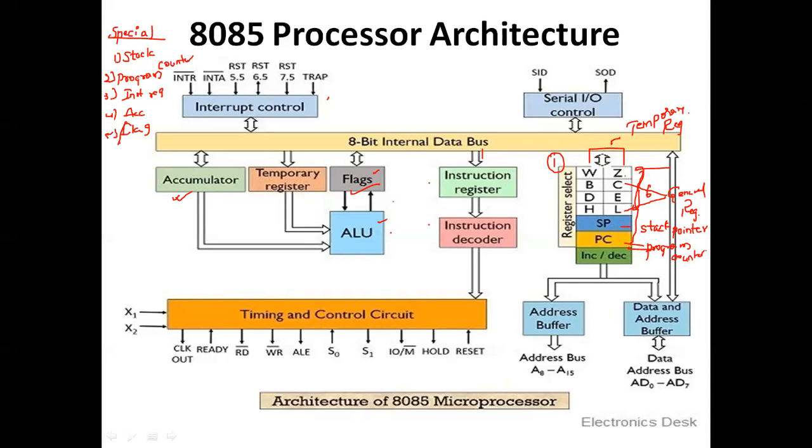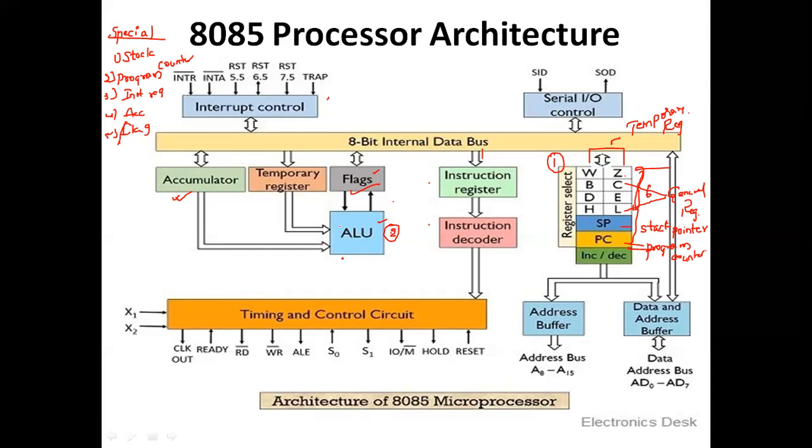And next comes the ALU section. This ALU, as the name itself indicates, is the second one. ALU indicates arithmetic and logical unit. ALU performs the arithmetic operations and logical operations. What are arithmetic operations?